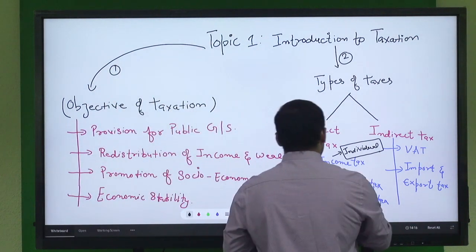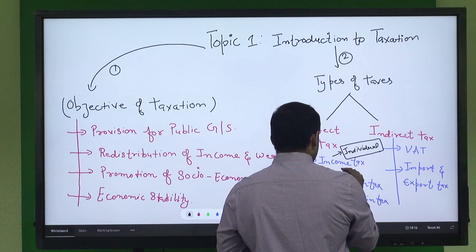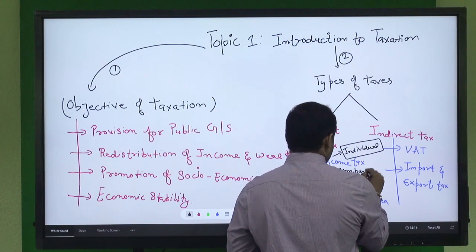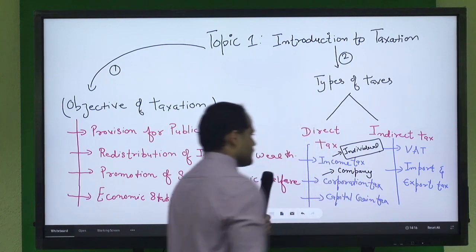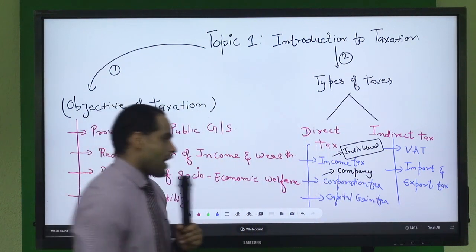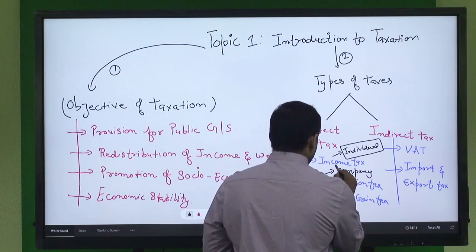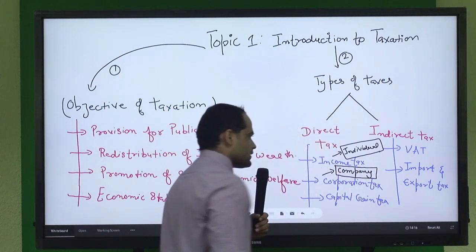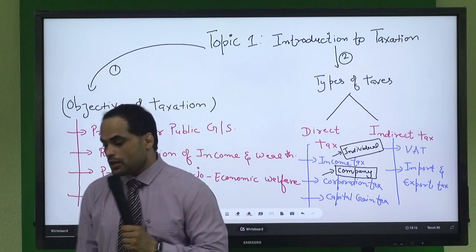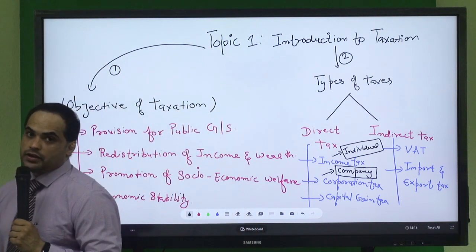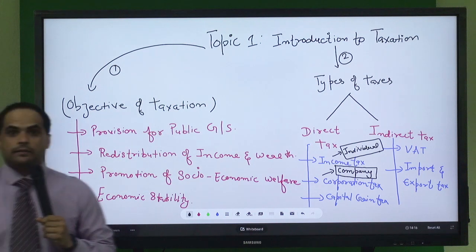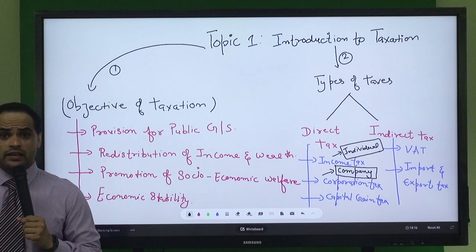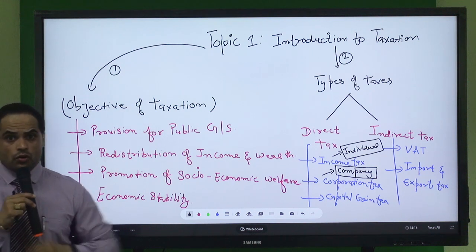Corporation tax. Corporation tax is the tax which is paid by, of course, a company, right? And you have to understand the definition of a company. A company is a separate legal entity whose objective is to make money, or a separate legal entity with a group of people whose objective is to make money, called a corporation or a company.